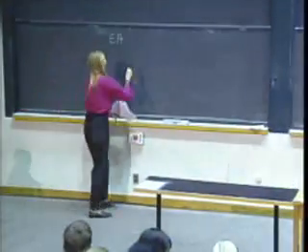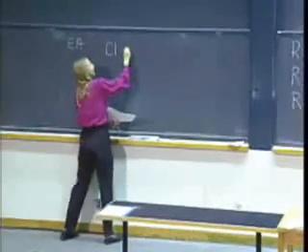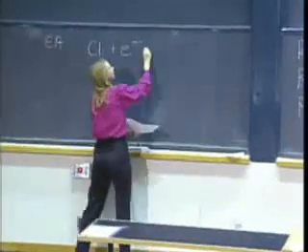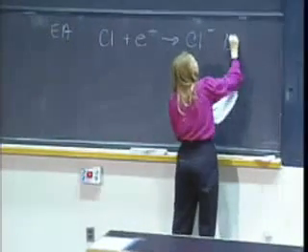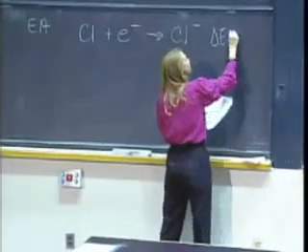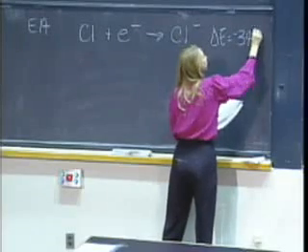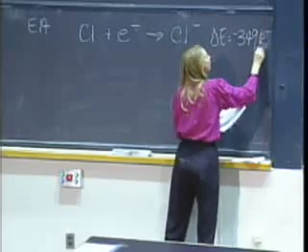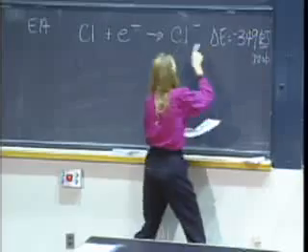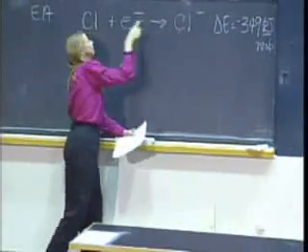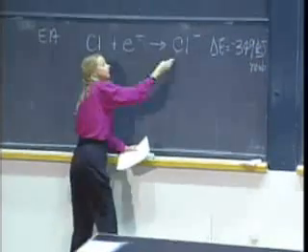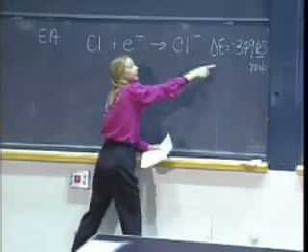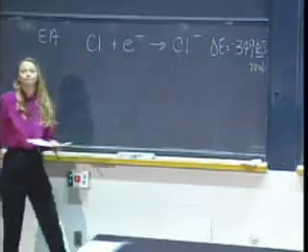So if I take a chlorine atom and I add an electron to it to make Cl minus, the energy change for that reaction is minus 349 kilojoules per mole. That is, the chlorine ion is more stable than the chlorine atom. This is a reaction that releases some energy.